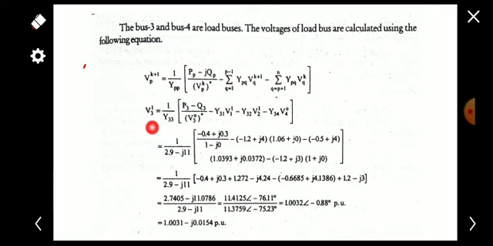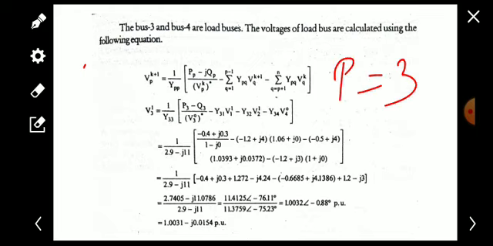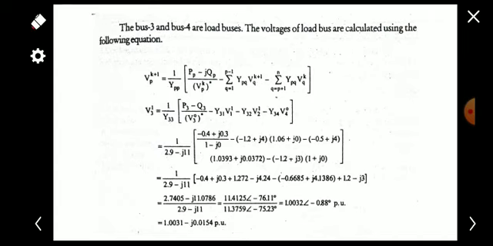So V3 dash, first we are considering P as 3: 1 by Y33 into P3 minus Q3. One thing you have to note is that this is a load bus, so the given P and Q values are treated as negative here.